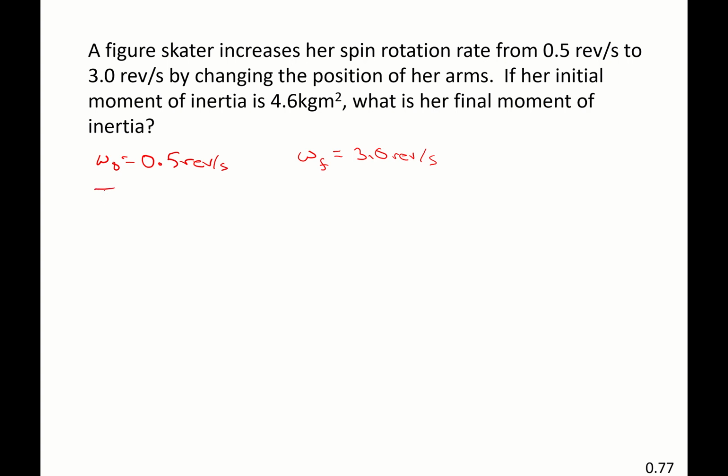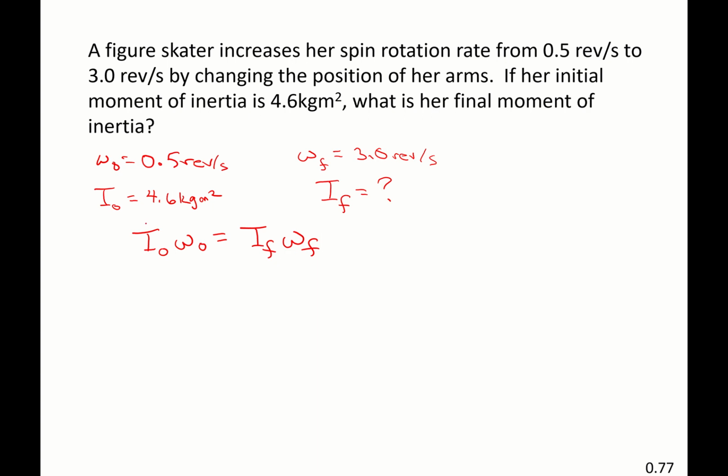So if her initial moment of inertia, I0, is 4.6 kilogram meters squared, what's her final moment of inertia? Well, what's my equation? I0 omega 0 equals I final omega final. The product of the moment of inertia and omega stays the same.